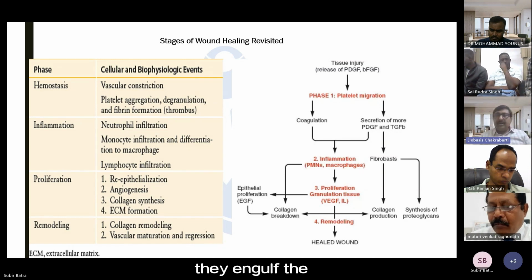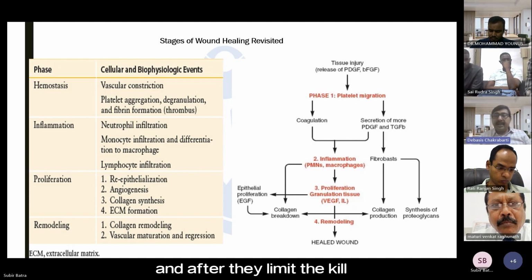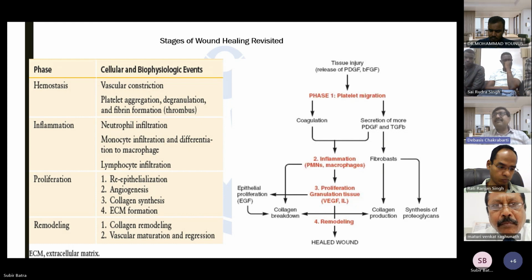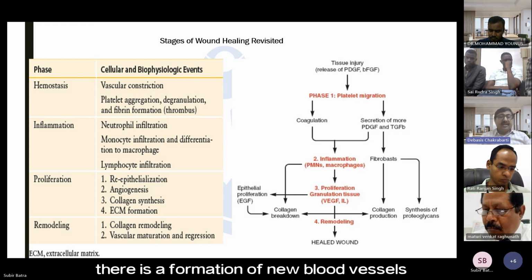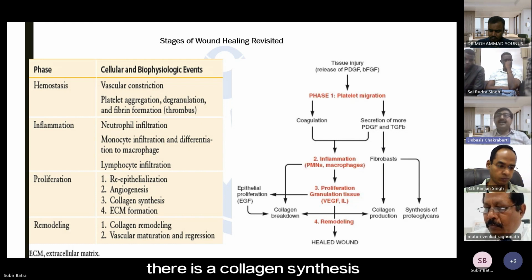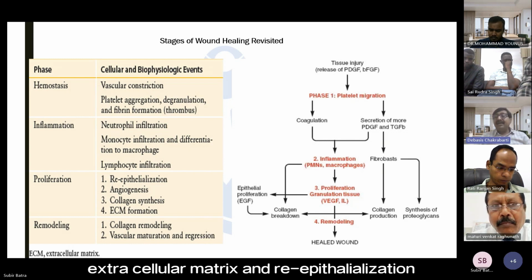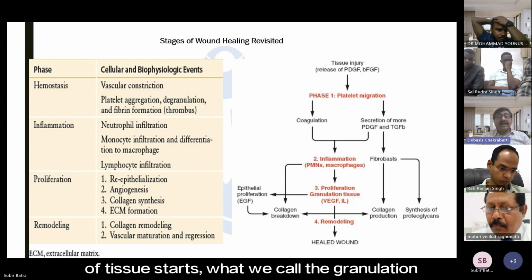They engulf the foreign particles, and after they clean the wound, then there is proliferation. In the proliferation stage, there is formation of new blood vessels, collagen synthesis, and formation of extracellular matrix, and re-epithelialization of tissue starts.